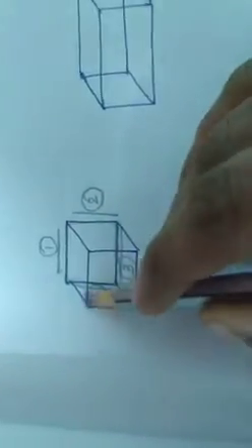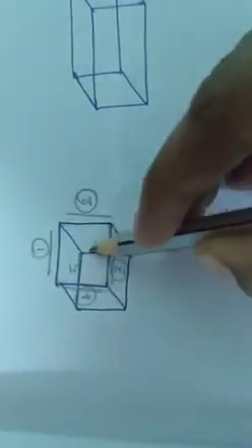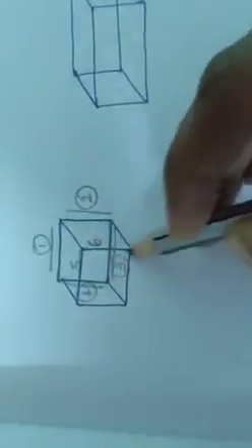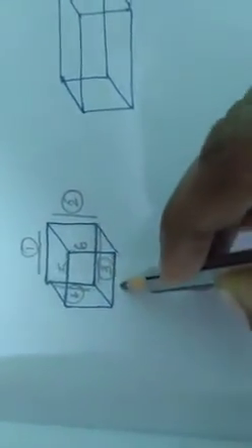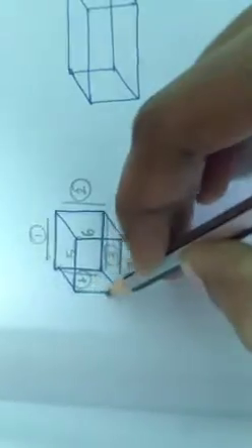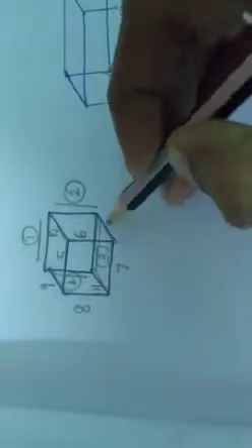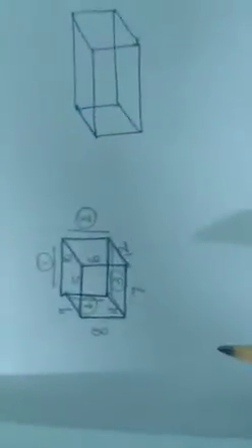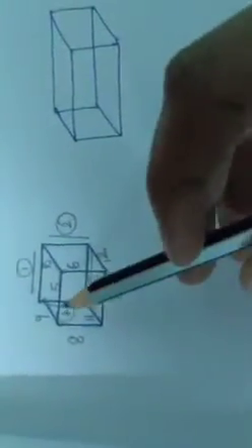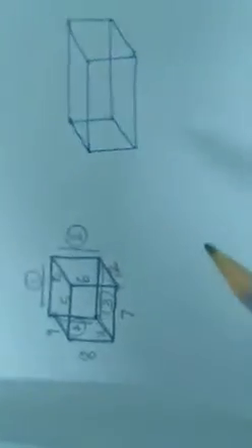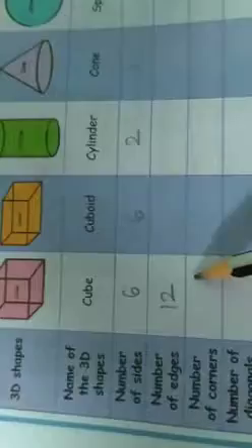Same like that here 5, 6, 7, and this is 8, and here 9, 10, 11, 12. So totally how many lines? That is how many edges? Very good, 12. So write here 12.